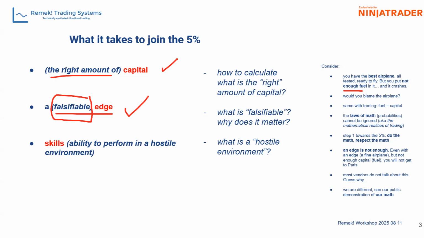So falsifiability means that what we do must be governed by rules, must not be governed by opinion, but by quantifiable rules, which means rules which we then can put into a computer code, run the code, and it will be making money or losing money, or perhaps break even, but one of these three.